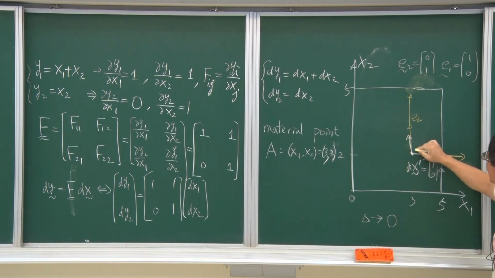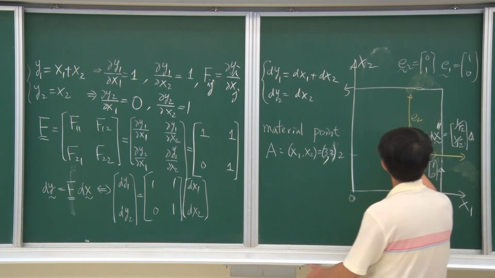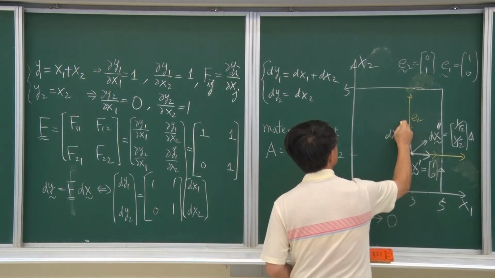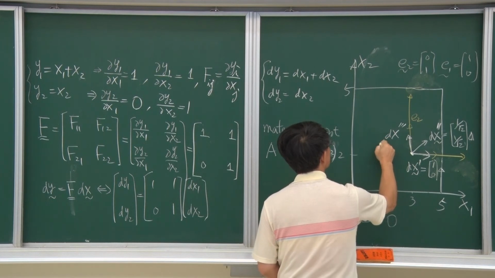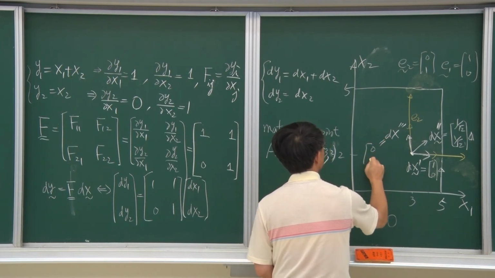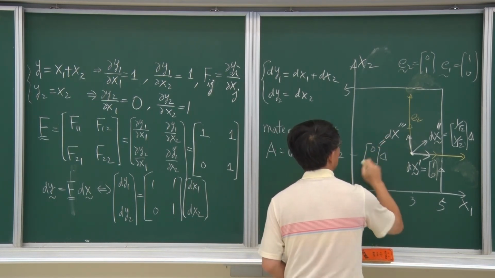And here, dx double prime, another material line, is (1/√2, 1/√2) delta. And this one, dx triple prime, is equal to (0, 1) delta.